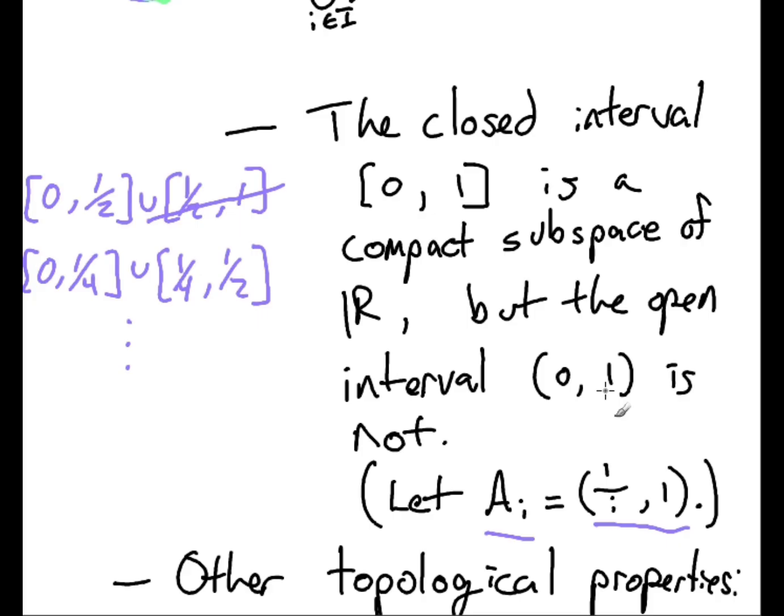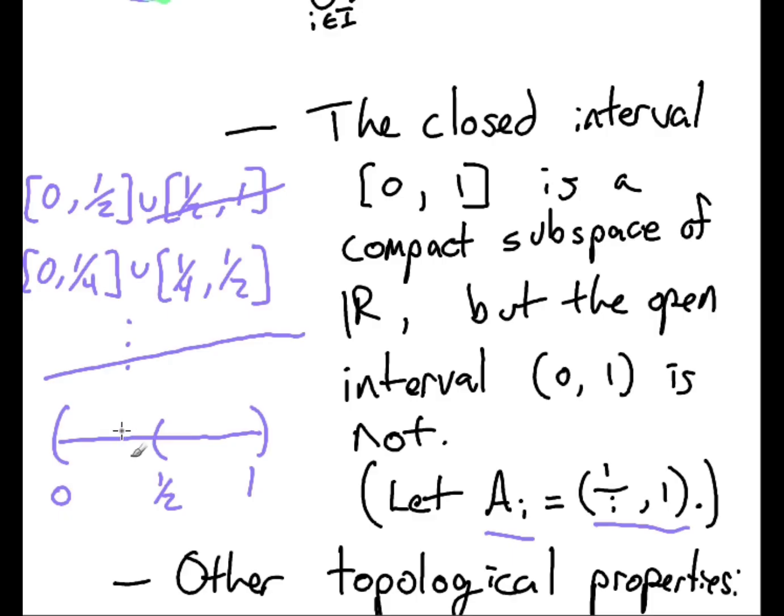But if we consider instead this cover, where A sub i equals 1 over i to 1, then we look at this range from 0 to 1, and if i equals 1, this is empty. Okay, so if i equals 2, then we're dealing with the open set from 1/2 to 1, right?